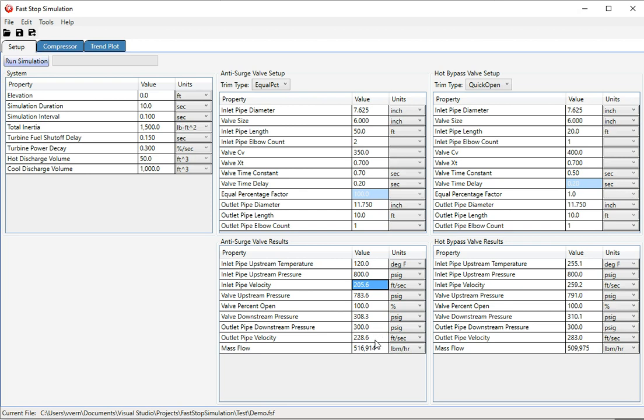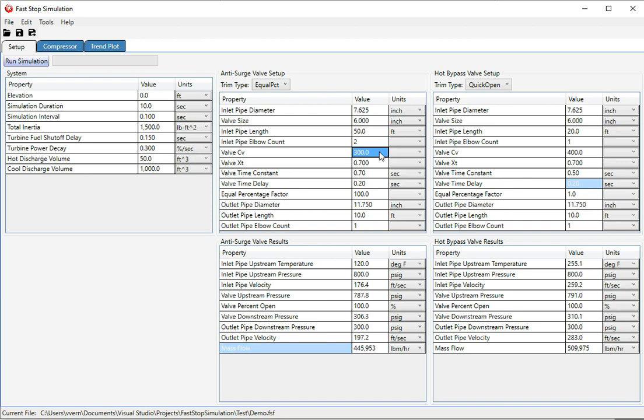Outlet pipe velocity: this is the highest velocity in the system, where the pressure is the lowest. Given the density and mass flow, I calculate the velocity, and it's lower than 300 feet per second with this arrangement. And there's our mass flow. If I change the CV, you can see the velocities and the mass flow changing.